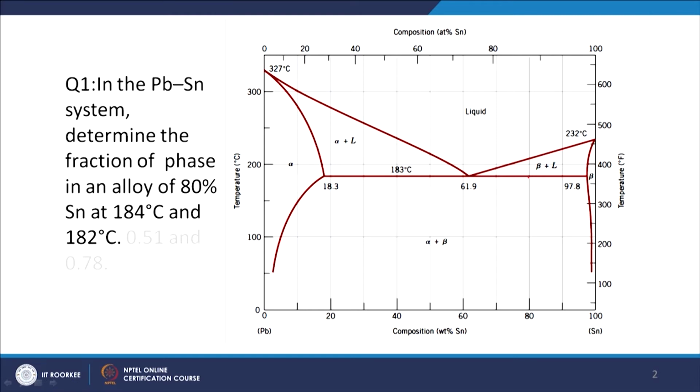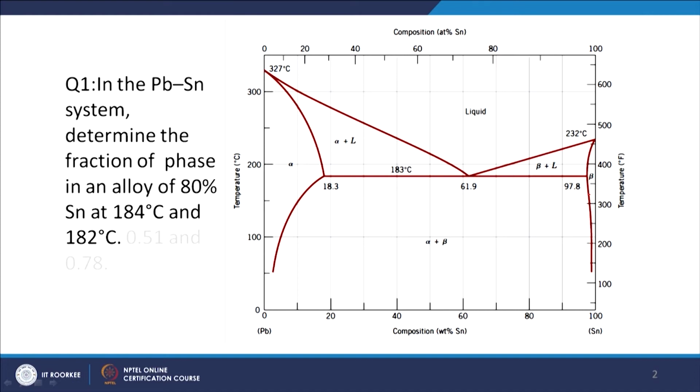As you can see, 80% is coming into this zone. Just above 183, this zone is beta plus liquid, and if you come to a temperature just below 183, that is 182 degrees centigrade, then you have alpha on this side and beta on this side.